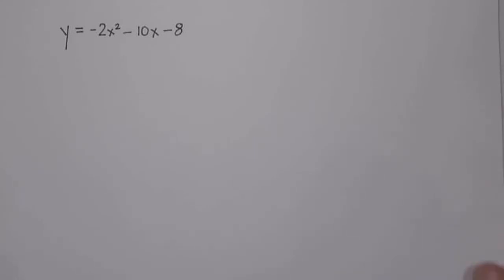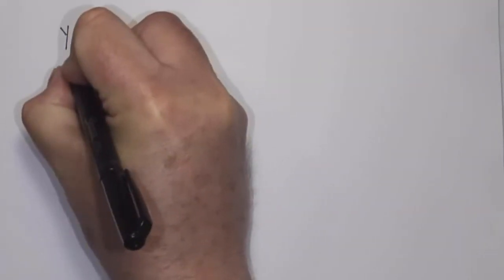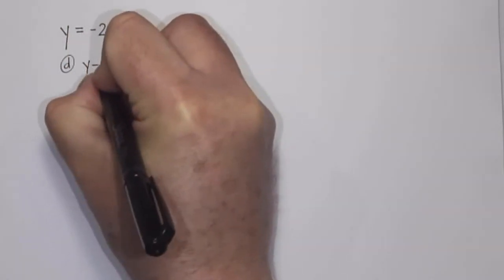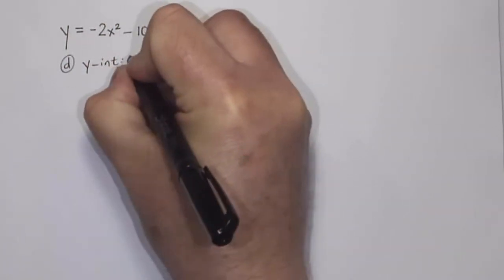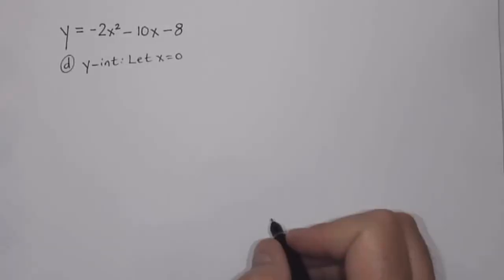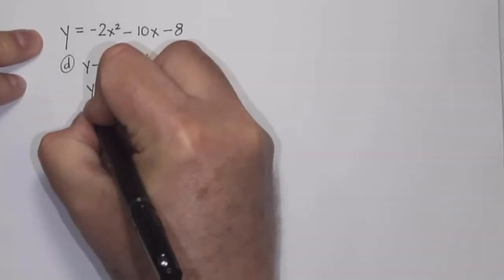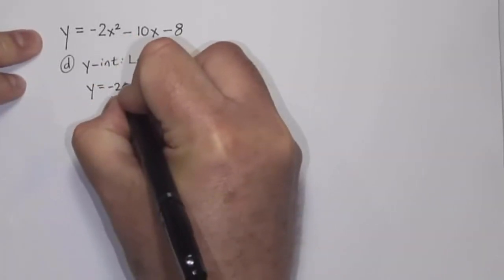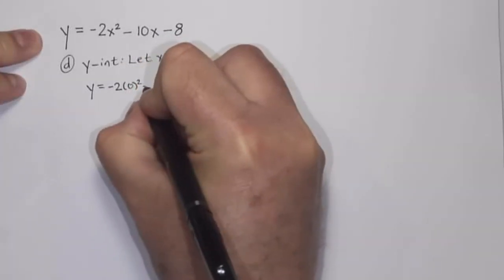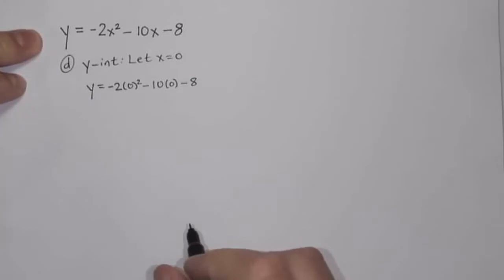So here I have rewritten our equation, and in part D we want to find the y-intercept. So remember, to find the y-intercept, we let x equal 0 and we solve for y. So if we let x equal 0 in our equation, we're going to get y equals negative 2 times 0 squared minus 10 times 0 minus 8.